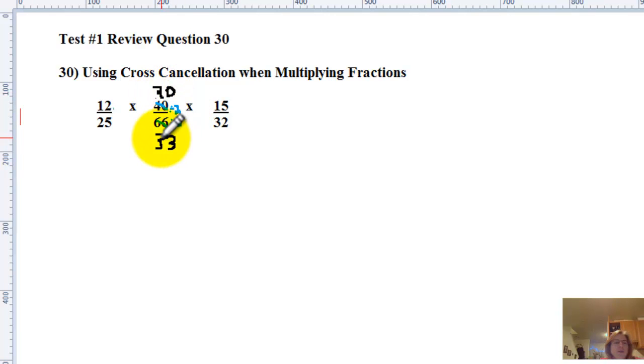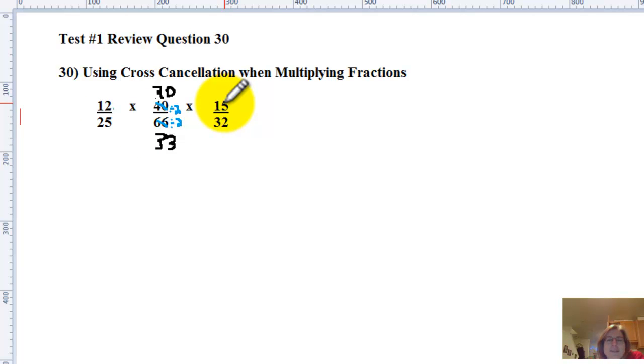Now, we cannot reduce 20 and 33 anymore, but maybe we can do cross cancellation or cross reducing. We have a 12 and a 32, which can be reduced because they're both even numbers. We have a 20 and a 32, which are both even numbers. We have 25 and 15. Those can be reduced by 5.